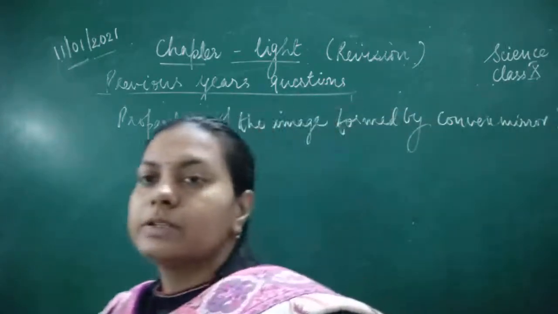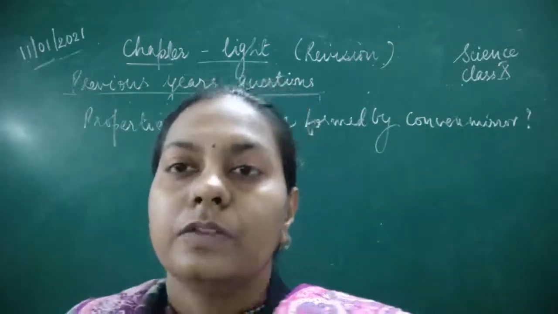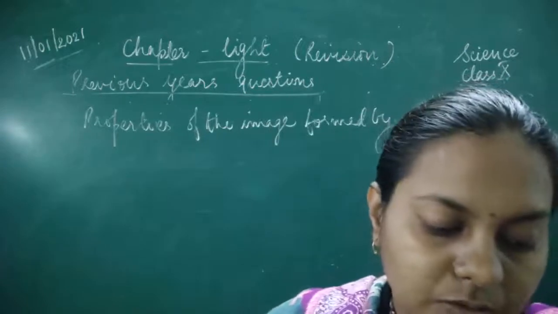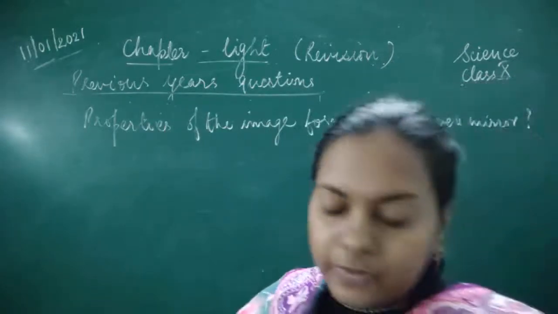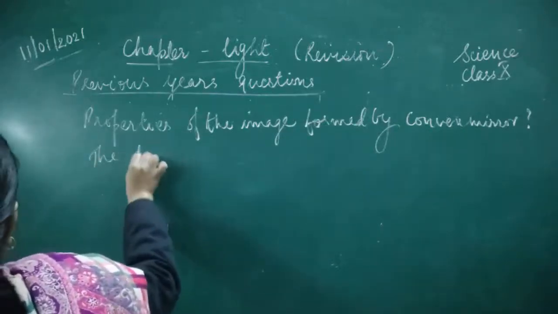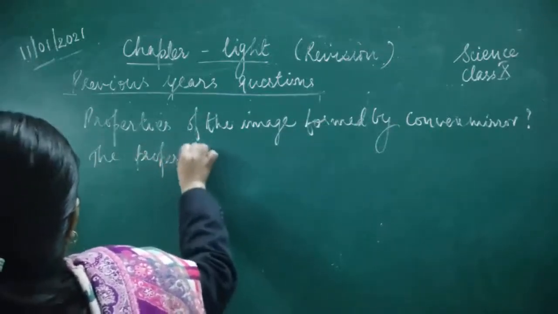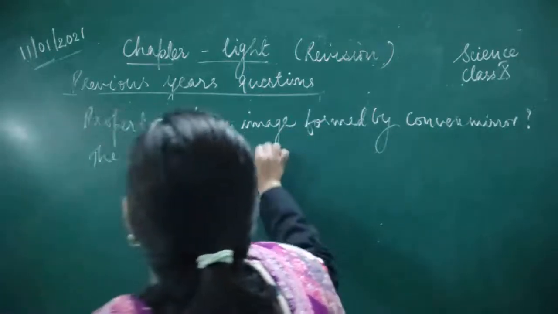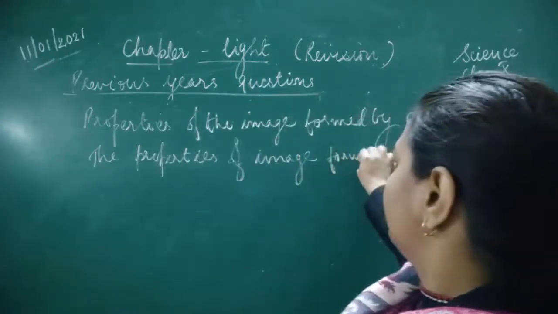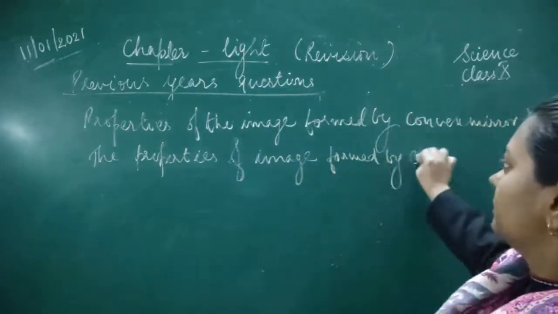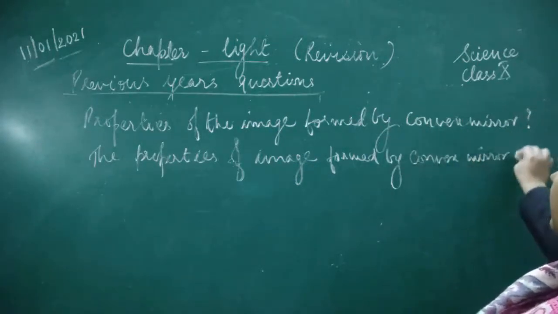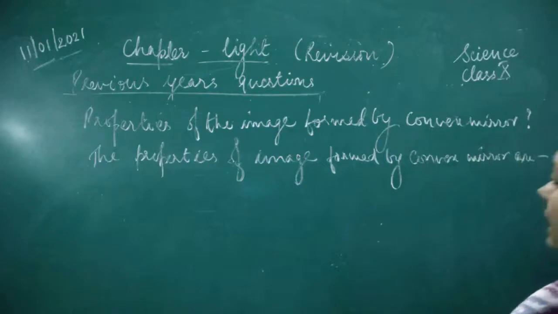So children, the answer would be, the properties of the image formed by the convex mirror are as follows.